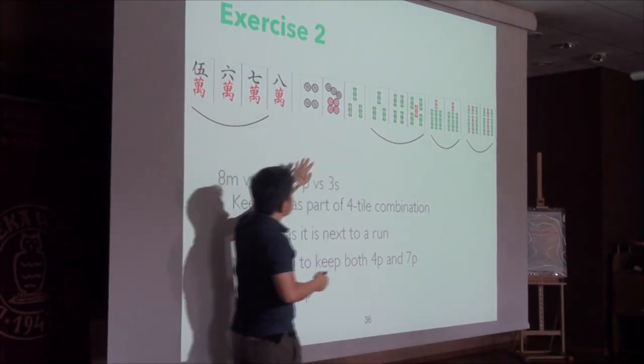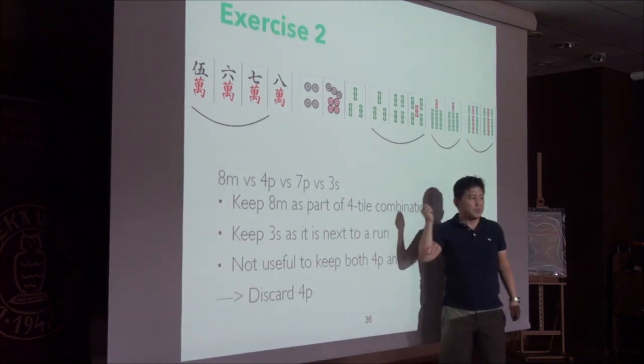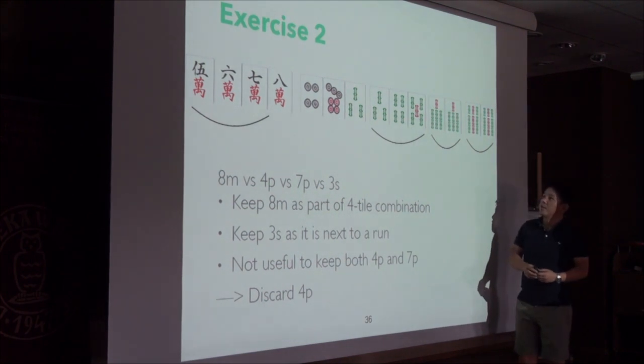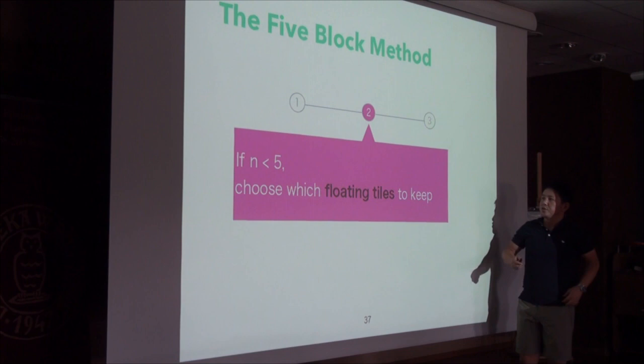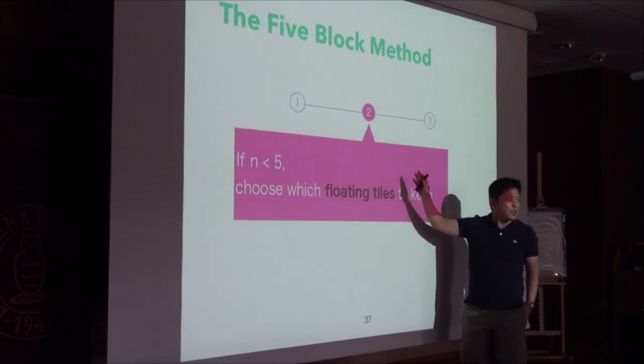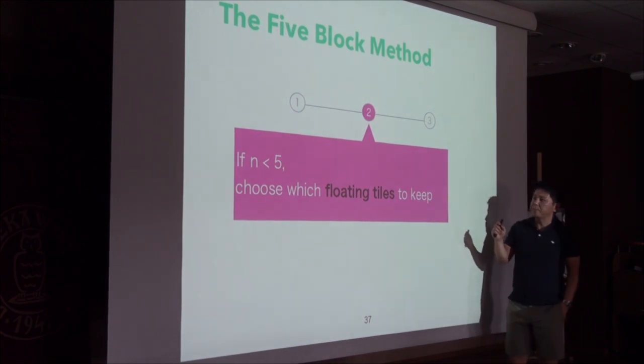The reason is that 7 and 3 are more useful compared with 4, 5, and 6, right? Right. So now we have covered case 1 where n is less than 5.